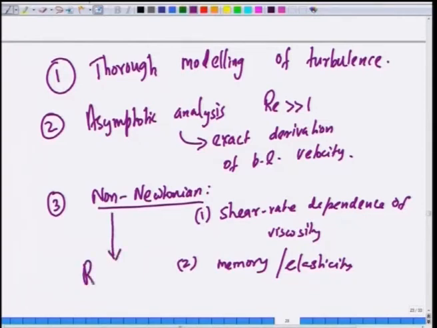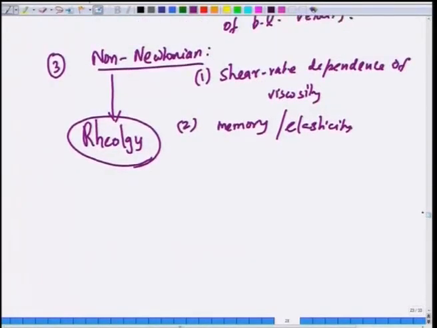That branch of mechanics that deals with deformation of more complex materials is called rheology. So, there is a lot of focus on understanding the rheological behavior of complex fluids, because it has an important bearing on the processing of such fluids.